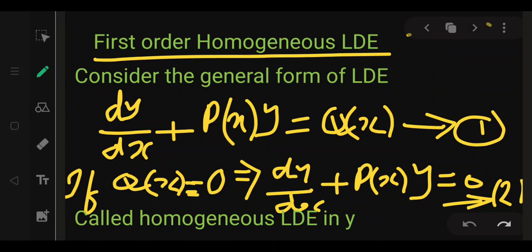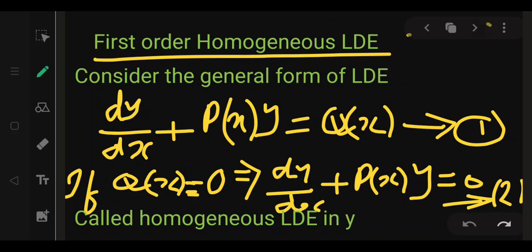Now, what happens to this equation if the right side of the equation is 0? If the right side, that is q(x), equals 0, such a first order linear differential equation is called homogeneous. So a homogeneous first order linear differential equation is of the form dy by dx plus p(x) into y equal to 0.